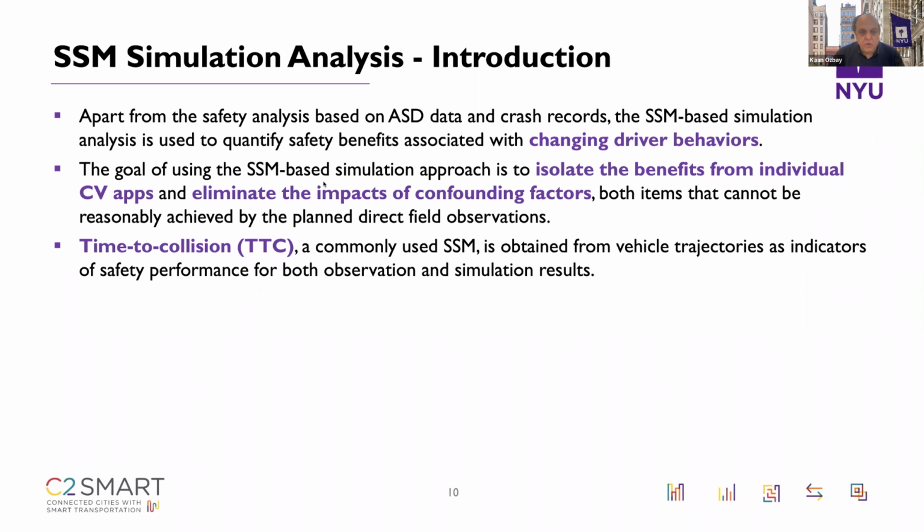We are using time to collision, a commonly used surrogate safety measure that we obtain from the vehicle trajectories as indicators of safety performance for both simulation and observed data. TTC is a very simple measure that tells you, if you don't respond to a slowing vehicle or to a certain vehicle that you're following, and then accelerate, what is the time to collision with that vehicle?